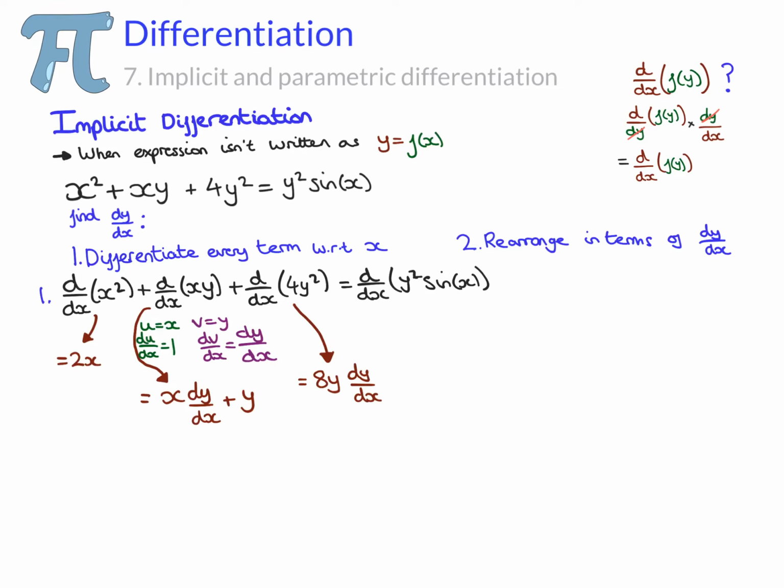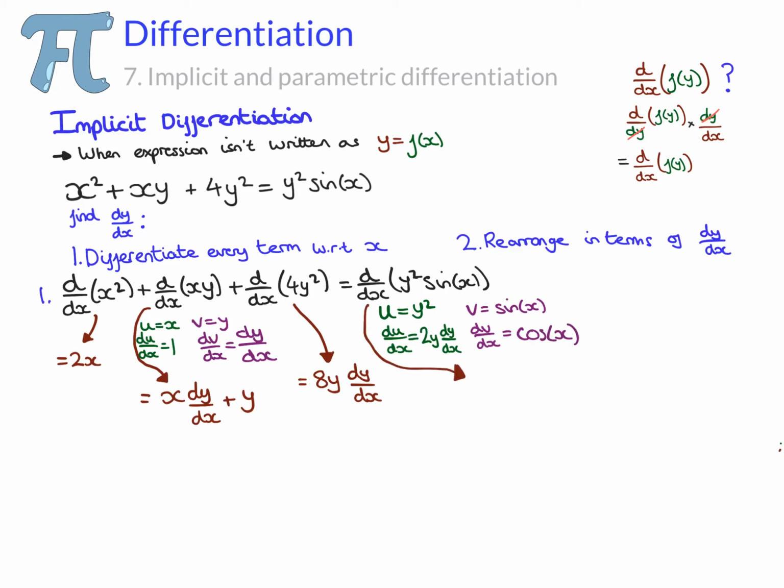Moving over to the other side of the equal sign, we again have a product rule situation of two things multiplied together. Same as before, we identify each term individually and differentiate them with respect to x, and then we apply the product rule equation. Differentiating y squared with respect to x is 2y times dy/dx, using the same method as before, and differentiating sine x with respect to x gives us cos x.